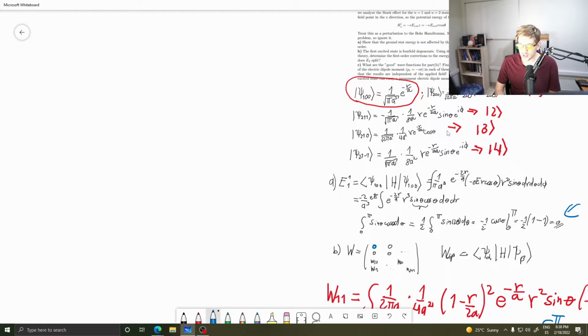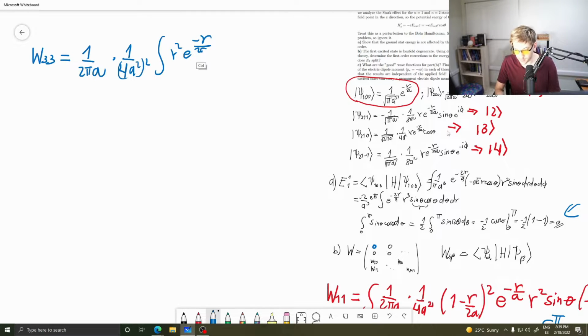Okay, so W33, that would be 1 over 2 pi a, I'm going to keep the constants outside, times 1 over 4a squared squared, and then we get the integral of r squared e to the minus r over, well, 2a, but it's squared, so we get a.